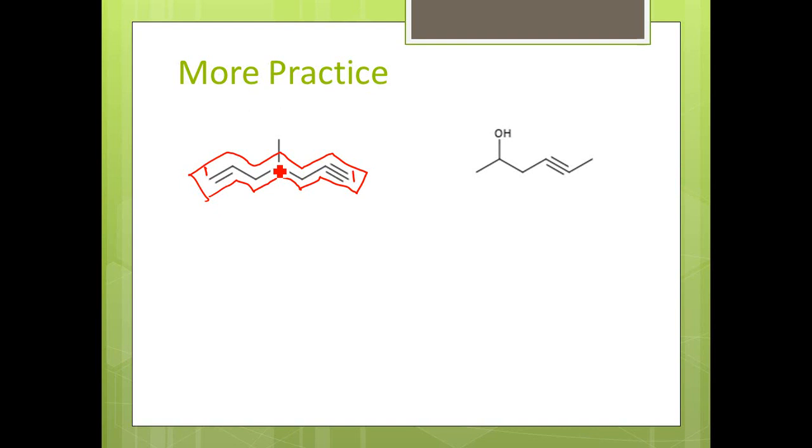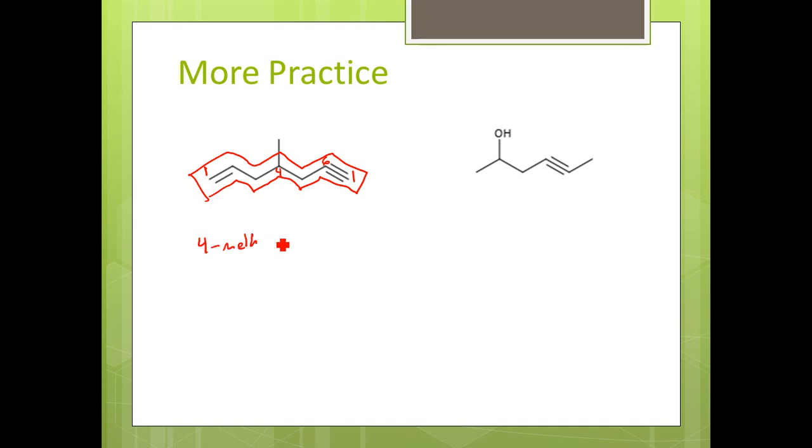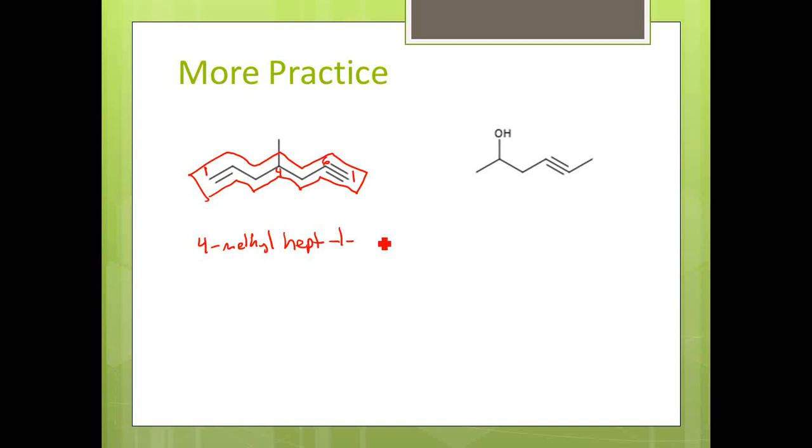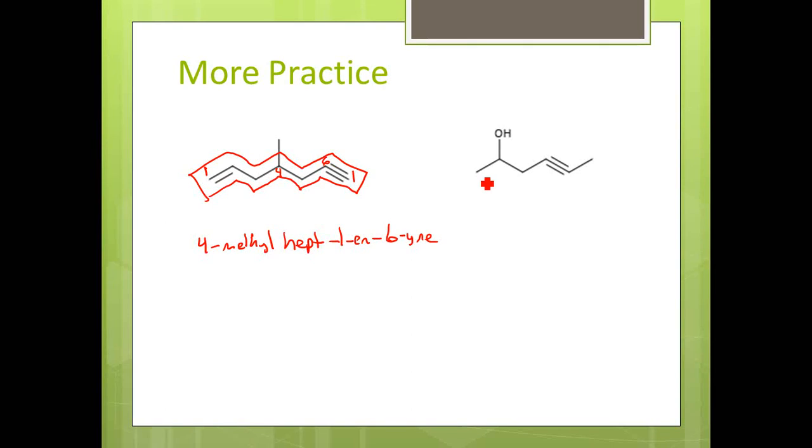So when there needs to be a tiebreaker, the alkenes take priority. So the double bond is the number 1 position. That's a 4. And this is starting at 6. So what I have in this case is a 4-methylhept-1-ene-6-yne.